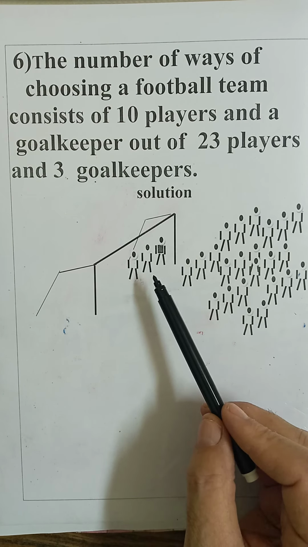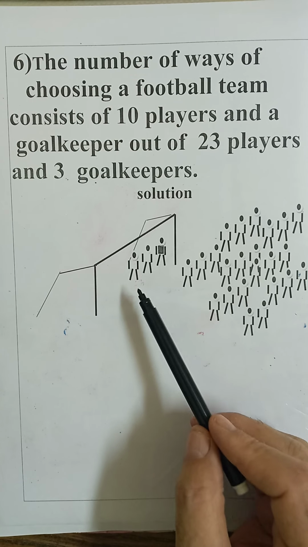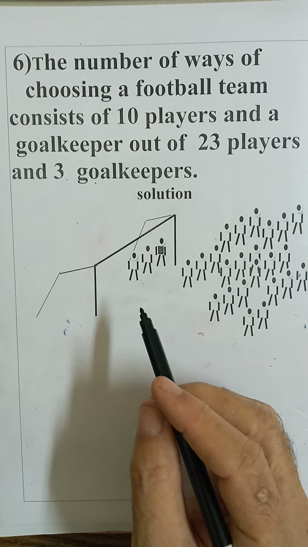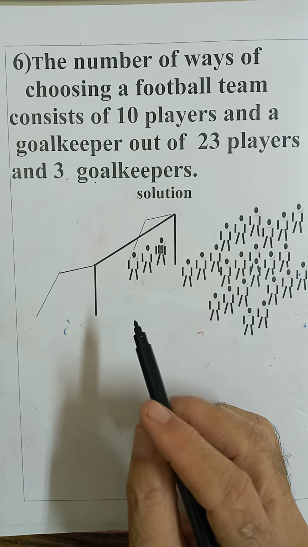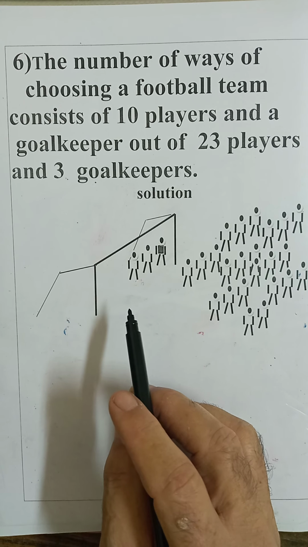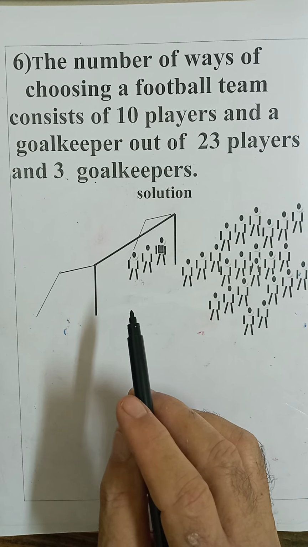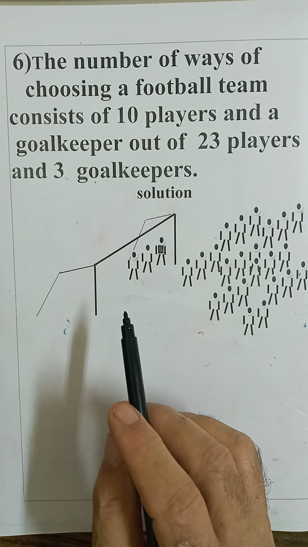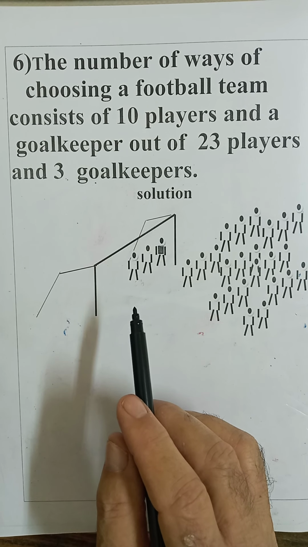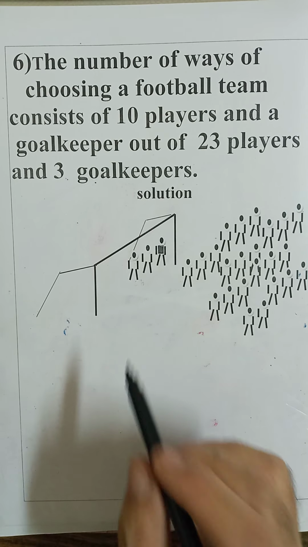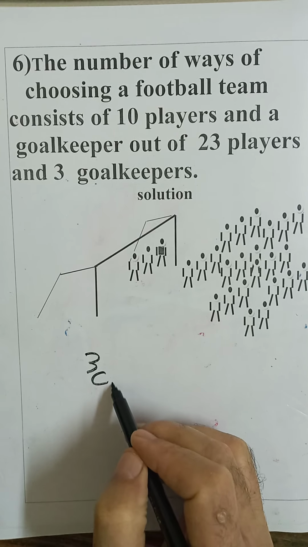The first event is choosing one goalkeeper from the 3. The number of ways of choosing a goalkeeper is 3C1.